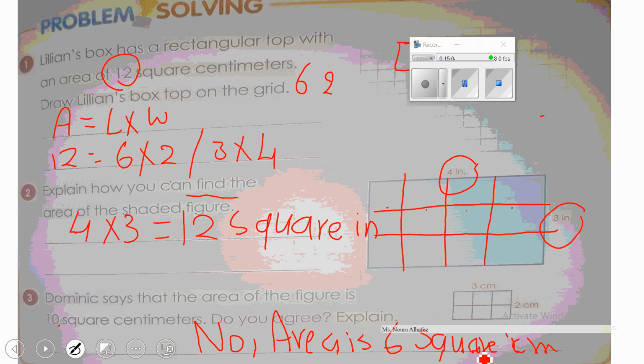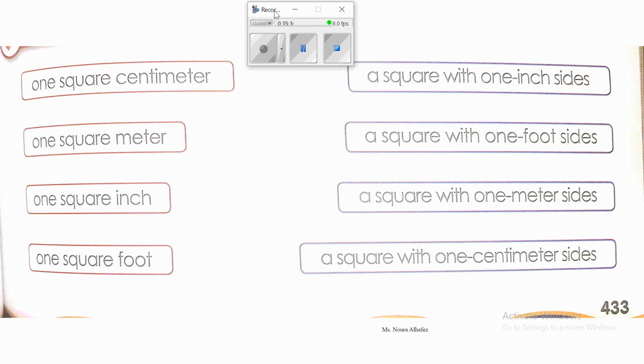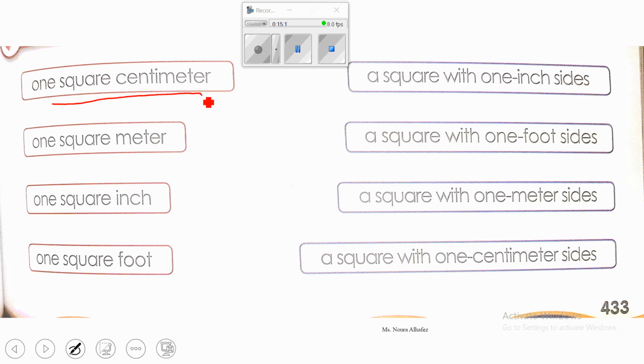Yes. Here is A. Now here is to check your vocabulary. I told you this lesson we focus on the unit. So 1 square centimeter, what is it? It's a square with 1 inch sides, or 1 foot side, or 1 meter side, or 1 centimeter side.